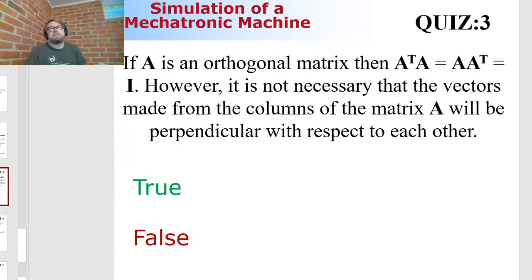So if A is an orthogonal matrix, then A transpose multiplied by A or A multiplied by A transpose is identity matrix. However, it is not necessary that the vectors made from the columns of the matrix will be perpendicular with respect to each other. It is not necessary that vectors are perpendicular.